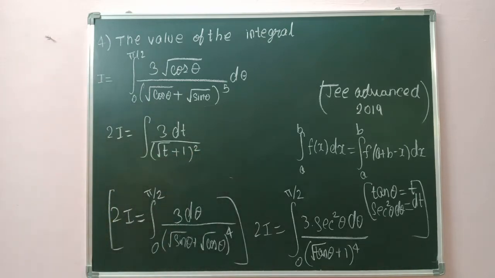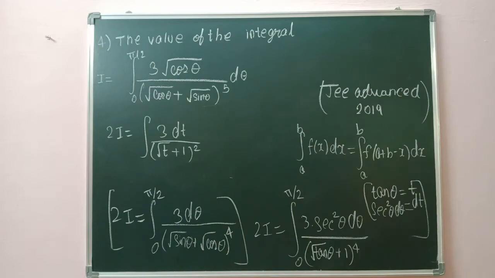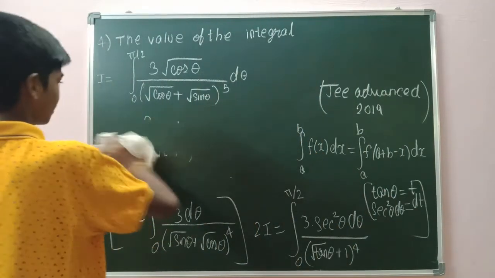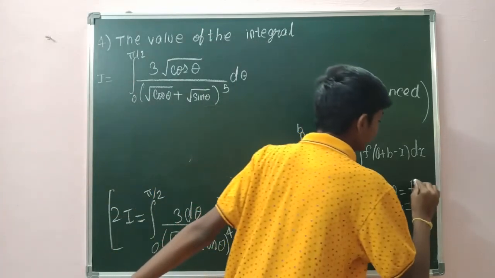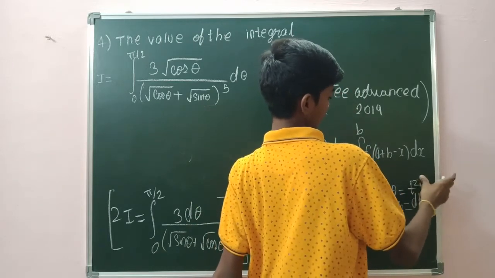Guys, wait, I made a mistake. You are not going to take tanθ as t. You are going to take tanθ as t². That's a mistake, don't make this mistake.